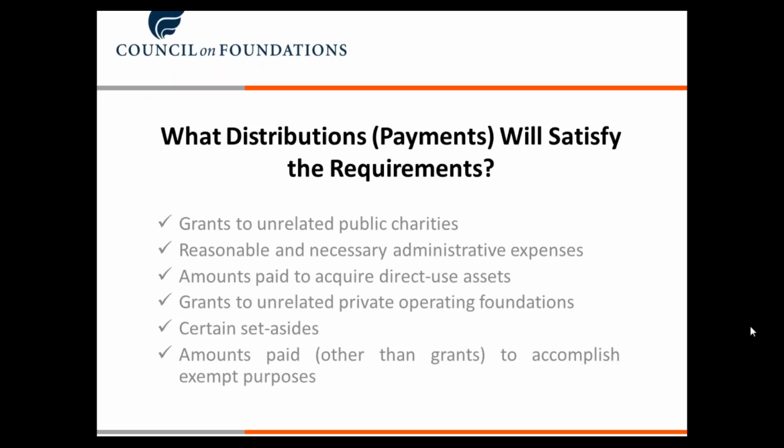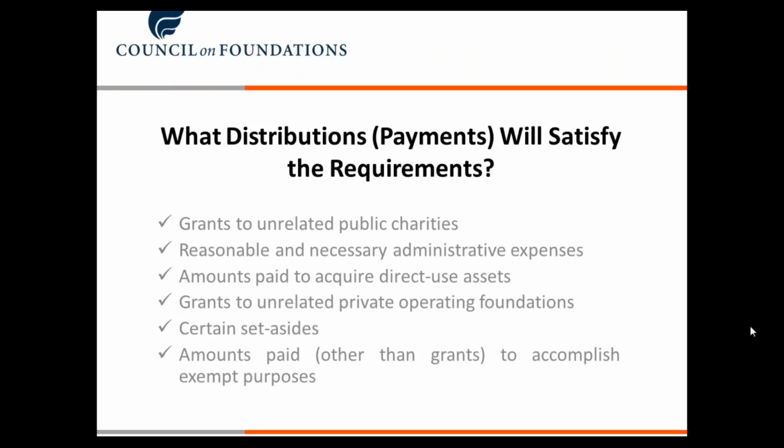But additionally, you can count reasonable and necessary administrative expenses toward your distribution amount. You can count amounts that are paid to acquire direct use assets. So for instance, that private foundation that's a museum and acquires a new painting can count the cost of that new painting. You can count grants to unrelated private operating foundations.